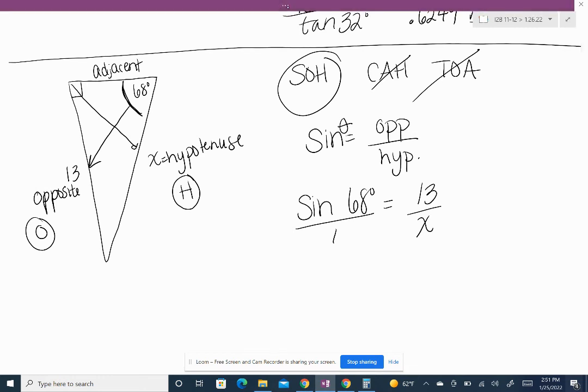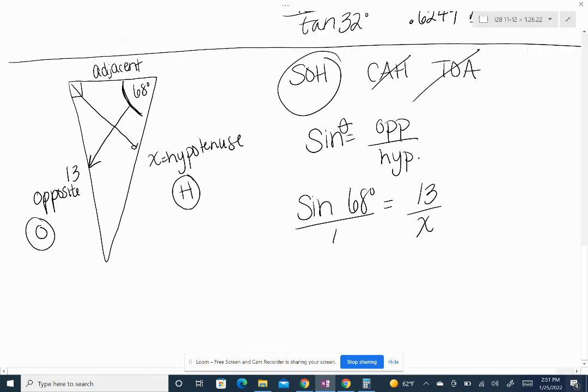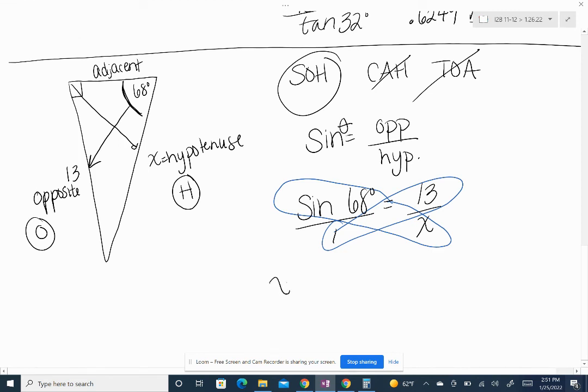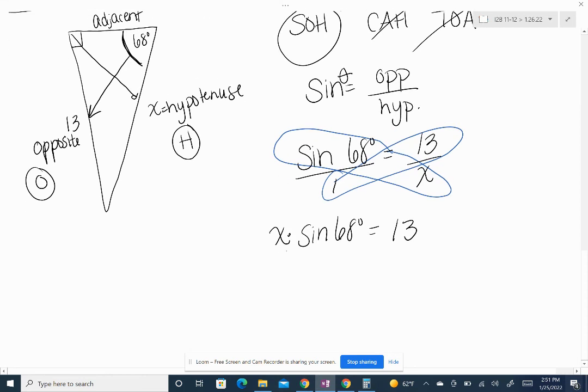So when we cross multiply, we're going to multiply these together and multiply these together. So it's going to be x times sine of 68 degrees is equal to 13. And then I want to get x all by itself, so I'll divide both sides by sine of 68 degrees.